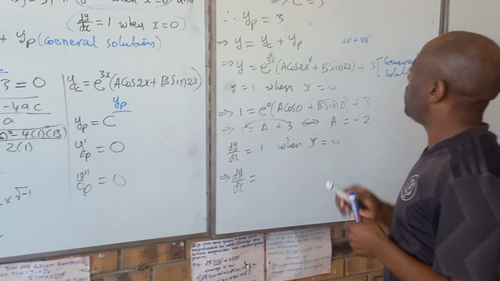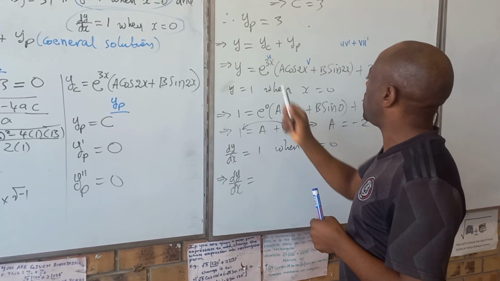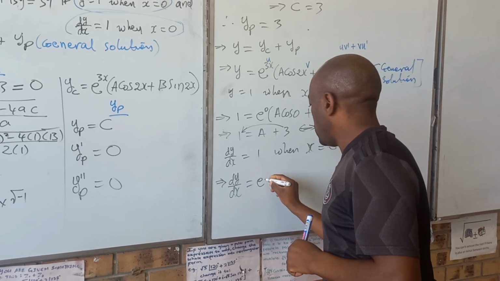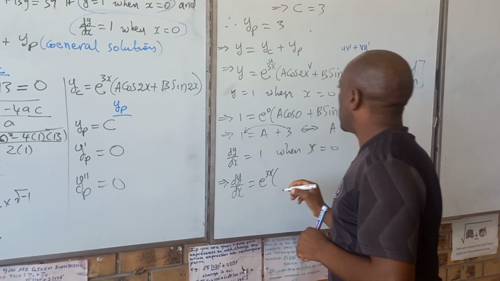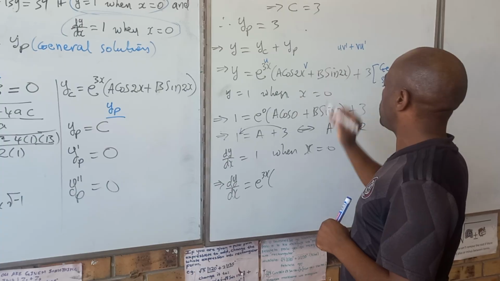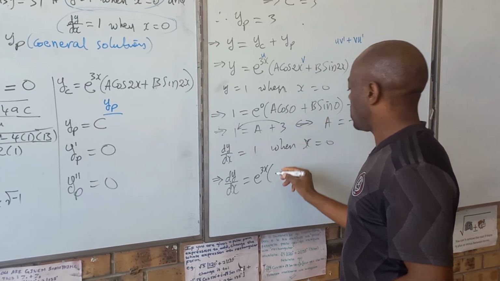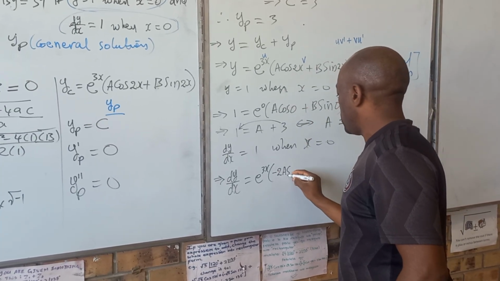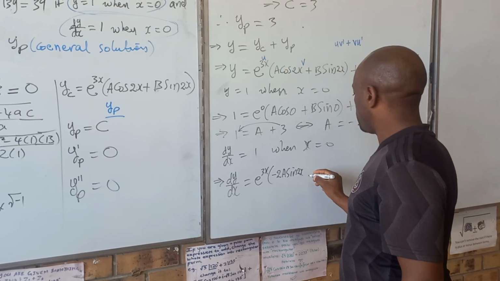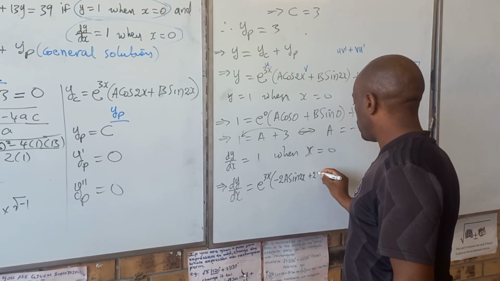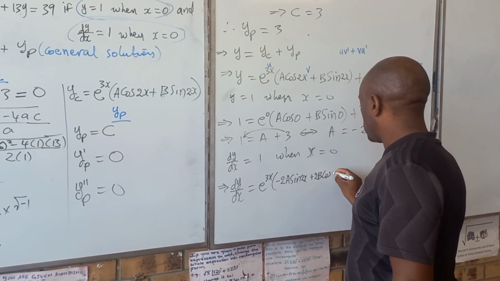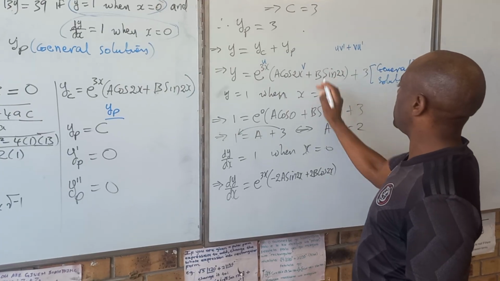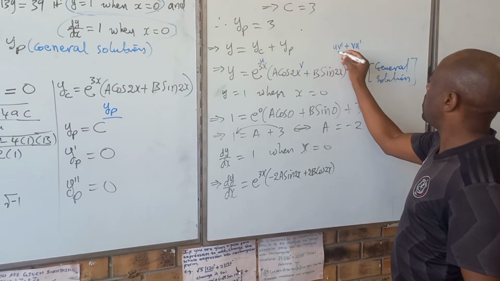So let's start with u v prime. u v prime means this is my u, which is e to the power 3x. In bracket v prime means I differentiate my trigonometry. To differentiate cos, we get negative 2a sine 2x, then plus 2b cos 2x, since the derivative of sine x is cos x. That is our u v prime.